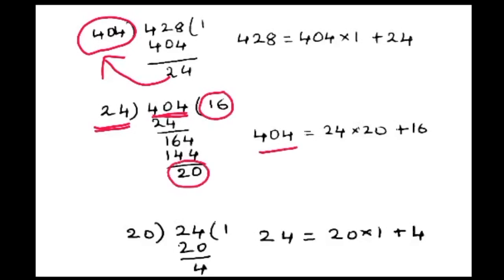So dividend 404 equals divisor 24 multiplied by quotient 16 plus remainder 20.